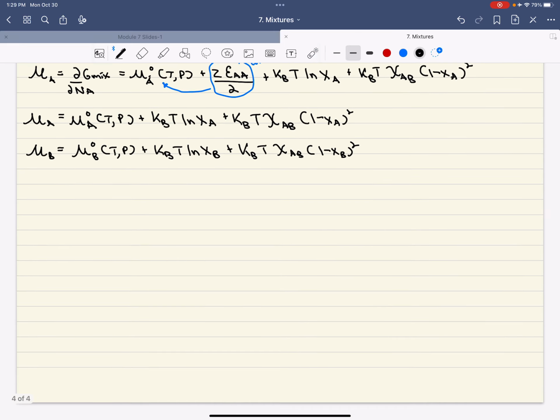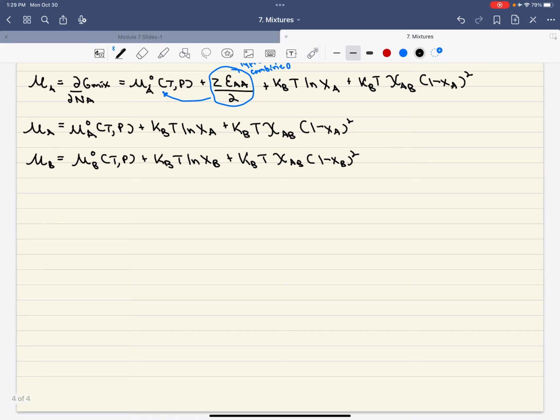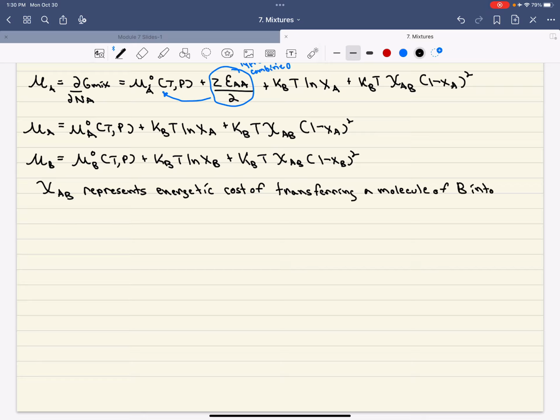In order to gain some physical intuition about it, one way you could think of it is that this interaction parameter represents the energetic cost of transferring a molecule of B into a medium of A, or vice versa.